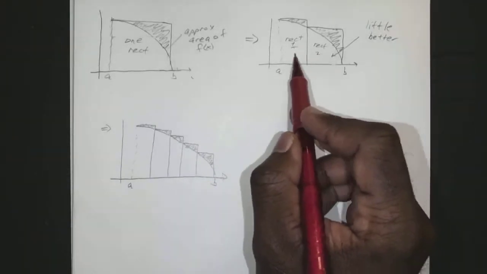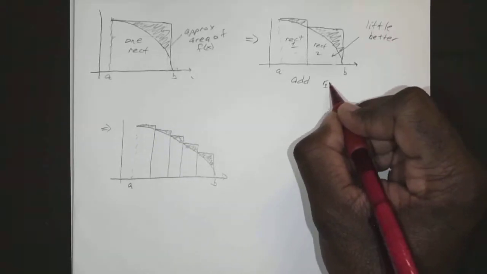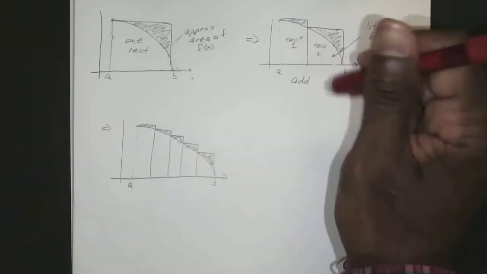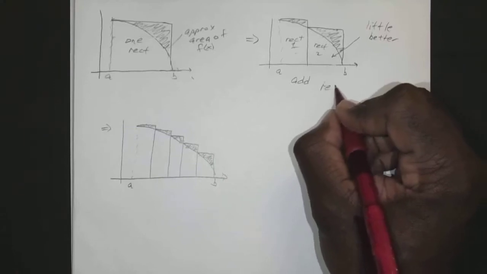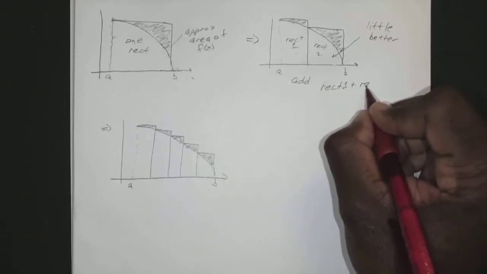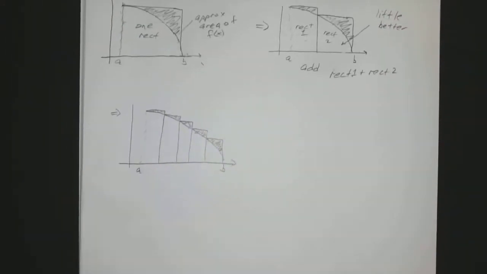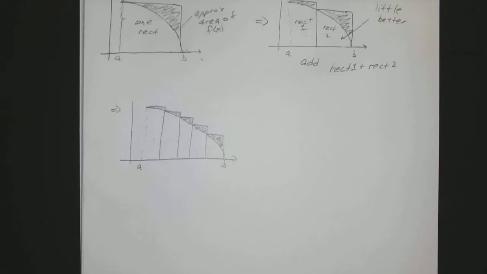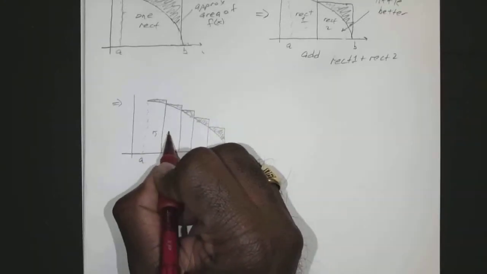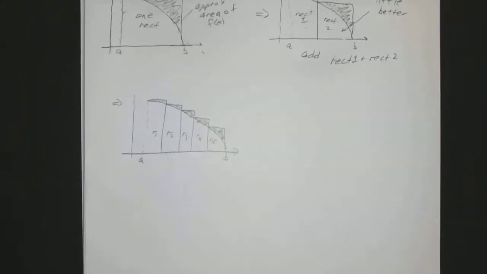Okay, so to find the area for this one, you'd have to add the first rectangle and the second rectangle. Oh, that's 1. With this one, to find your approximate area, you'd have to add those 5. So R1, R2, R3, R4, R5.